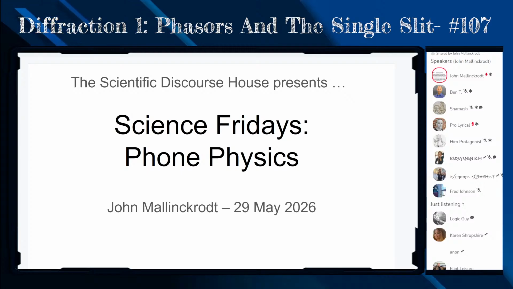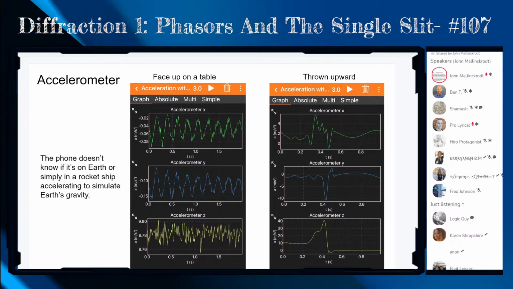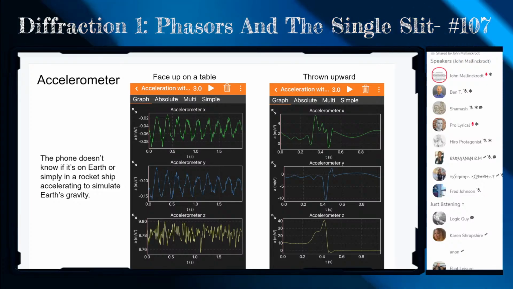So that's weird. I don't know what to make of that. But at any rate, the main point, of course, is the fact that when an object is just sitting on the ground, an accelerometer will tell you that it's accelerating upward. Plus maybe little other artifacts as we see there.